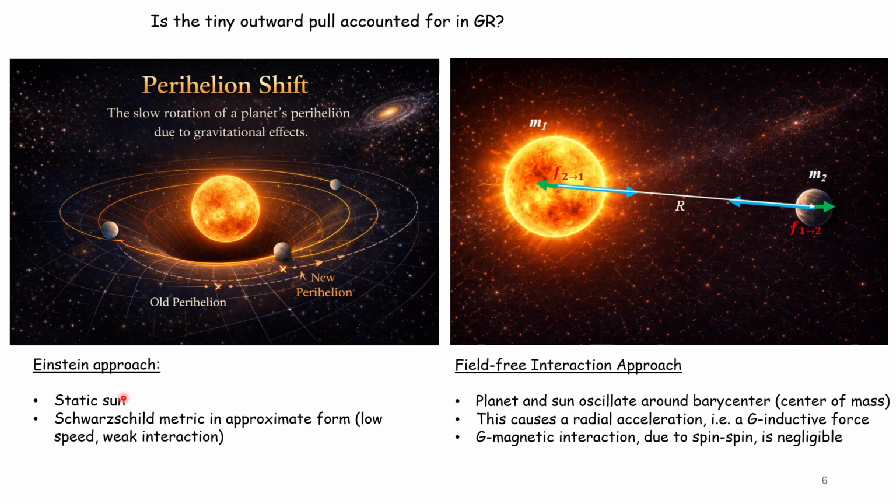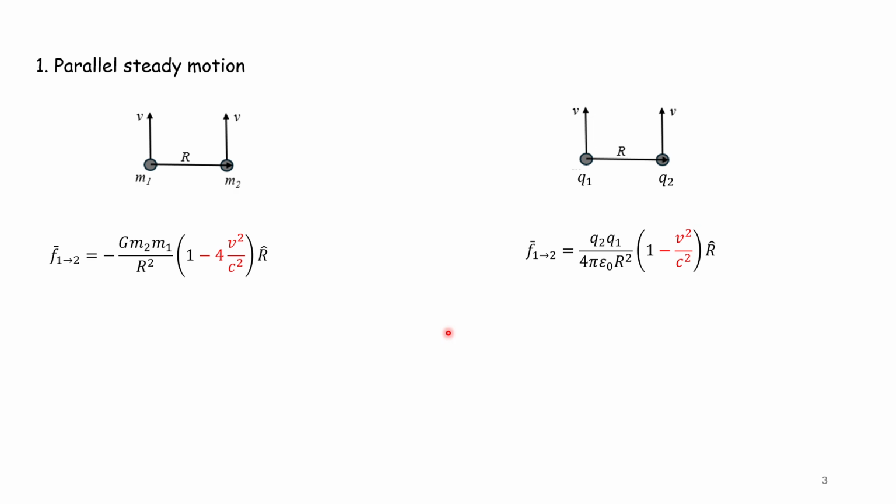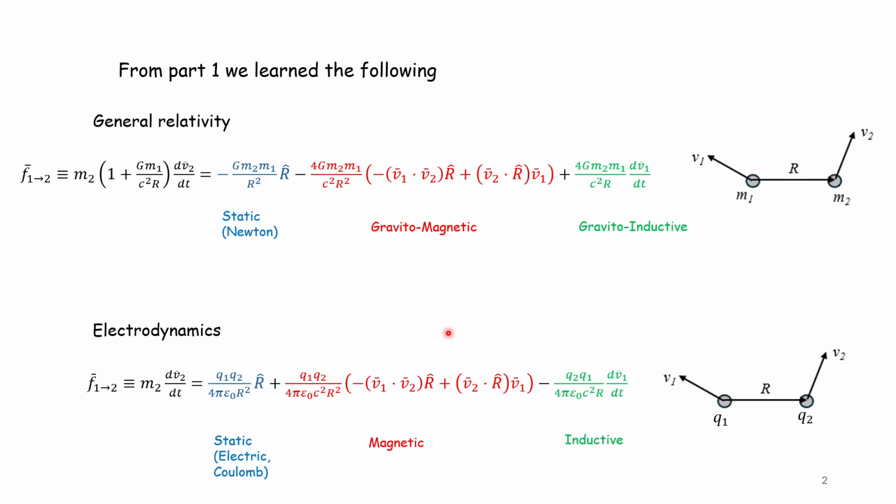But in our perspective, the field-free interaction approach, there can be no general relativistic effect if we assume the Sun to be static. Because general relativistic effects in this approach, we go back, are kinematical effects. If the Sun is static, v1 is 0, acceleration here is 0.